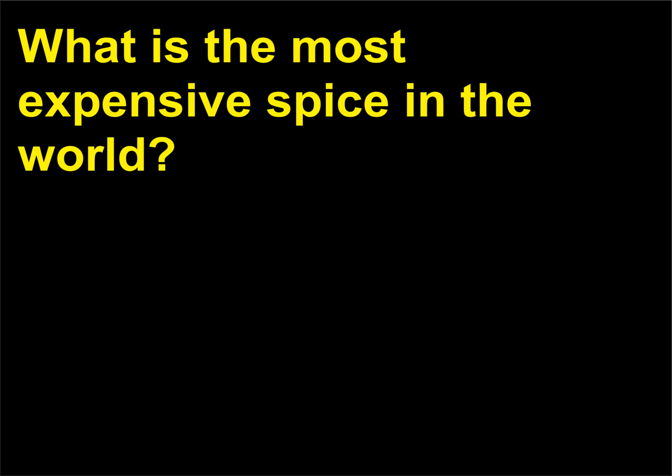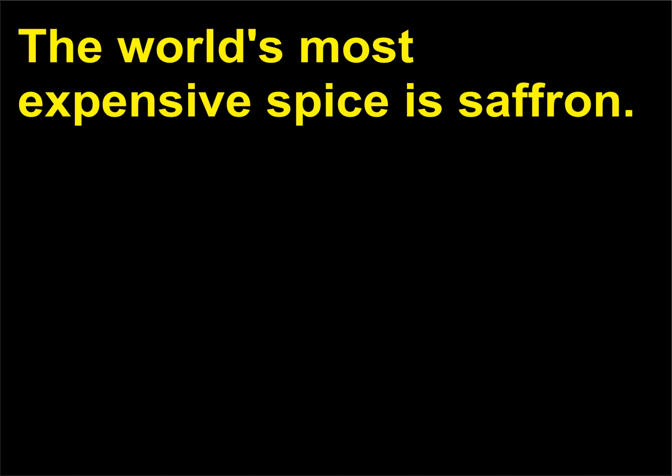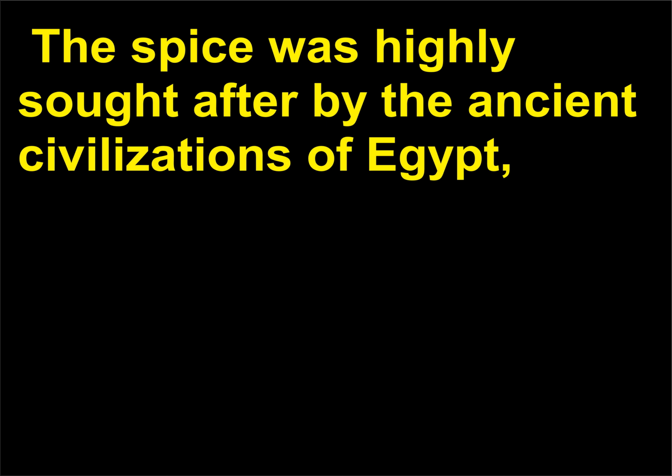What is the most expensive spice in the world? The world's most expensive spice is saffron. The spice was highly sought after by the ancient civilizations of Egypt, Assyria, Phoenicia, Persia, Crete, Greece, and Rome.